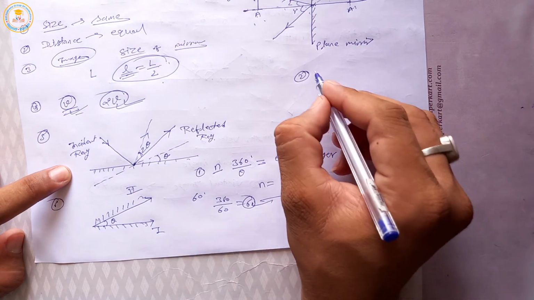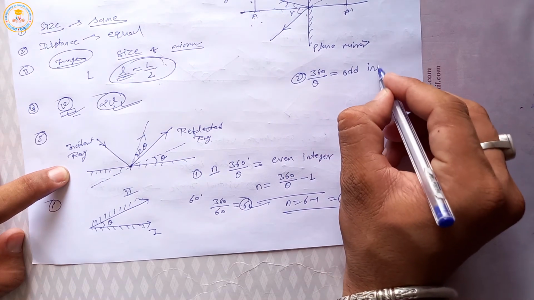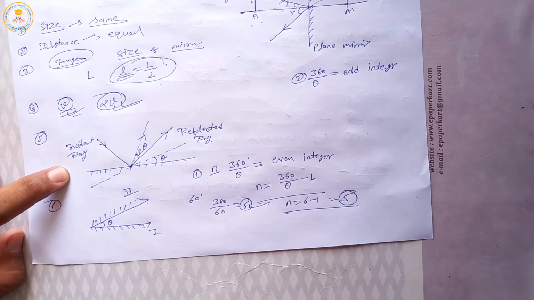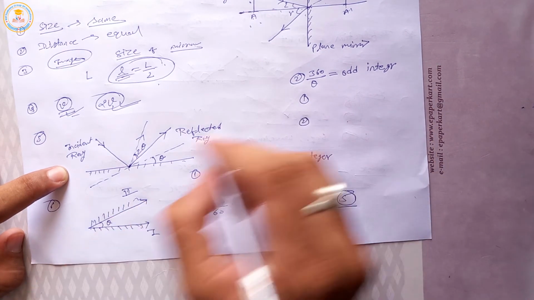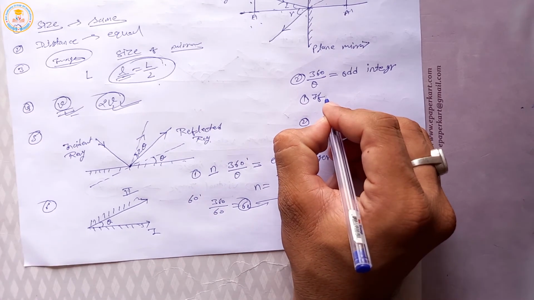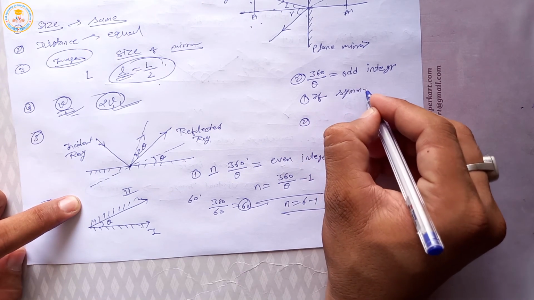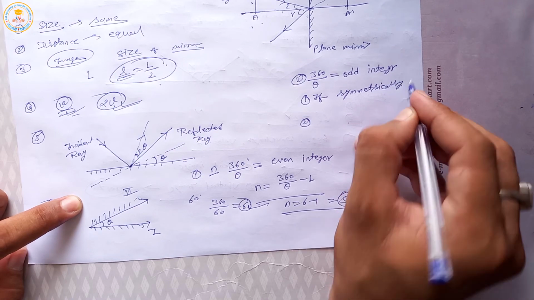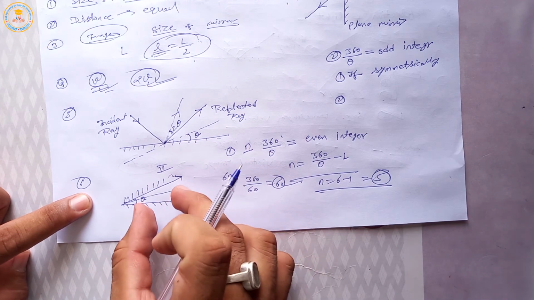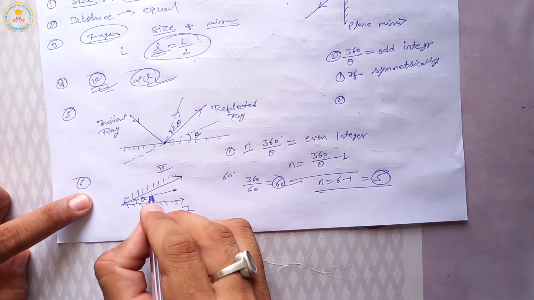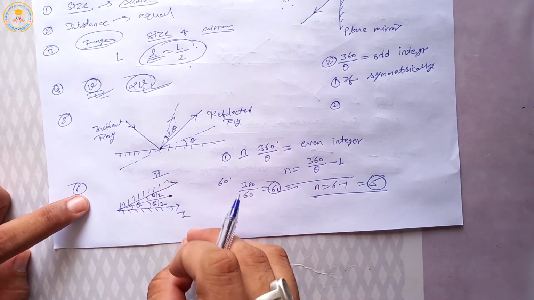Second condition is, if 360 upon theta is equal to an odd integer. Okay, in this condition there are again two conditions. First is, if the object is placed symmetrically, means suppose this is the object, then if this object is placed symmetrically, this angle is theta by 2 and this angle is theta by 2, means the angles made with both mirrors are the same.